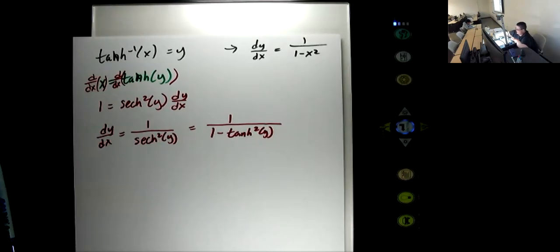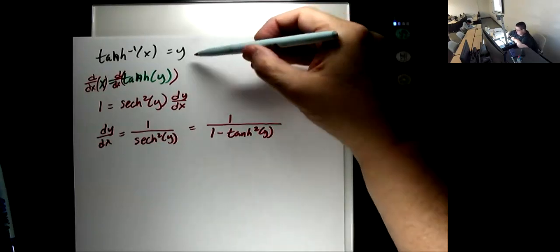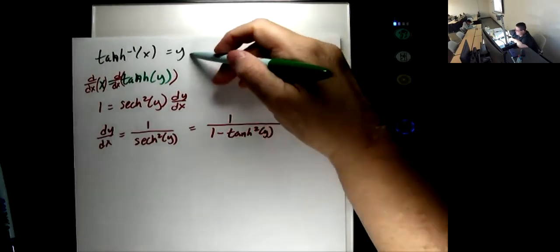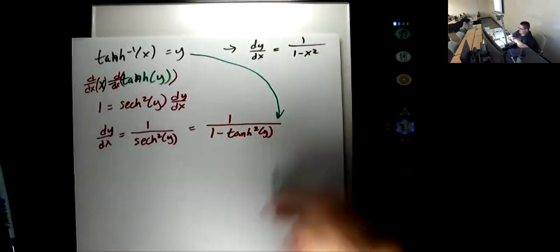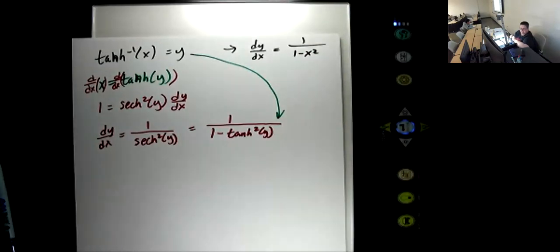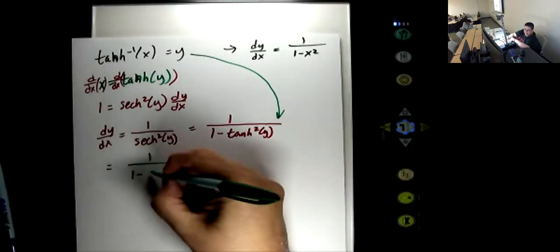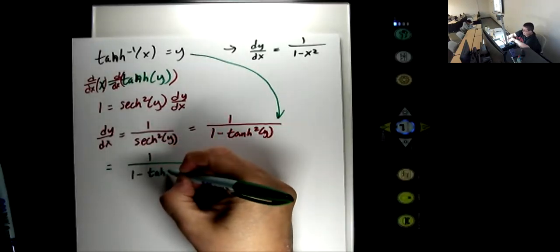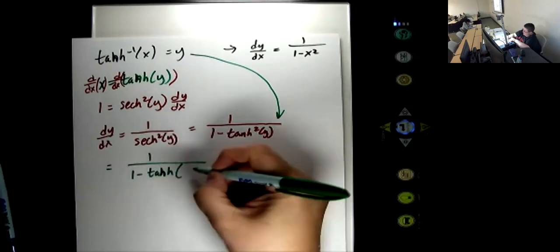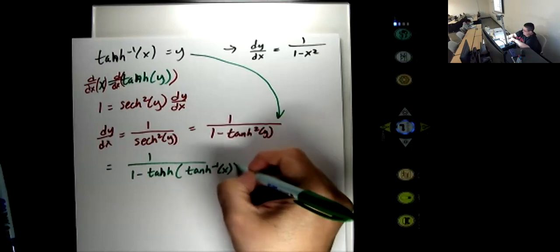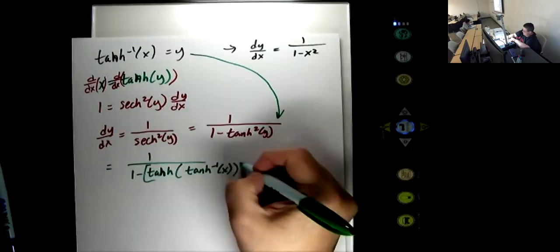And the reason I do that is because we're going to plug this back in. We want to put y back in. And if I do it directly, tanh inverse into tanh, they cancel each other out. So we get 1 over 1 minus tanh of tanh inverse of x, and that is squared down there.